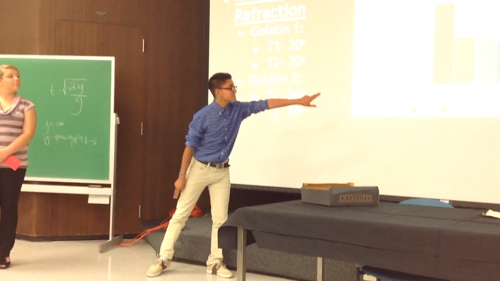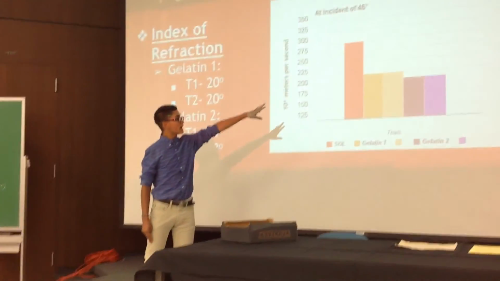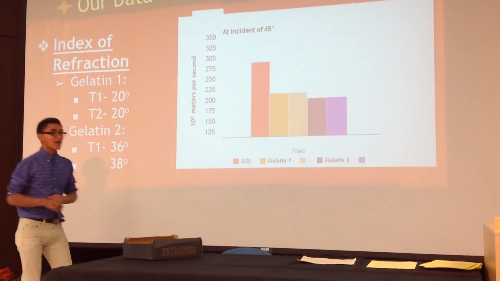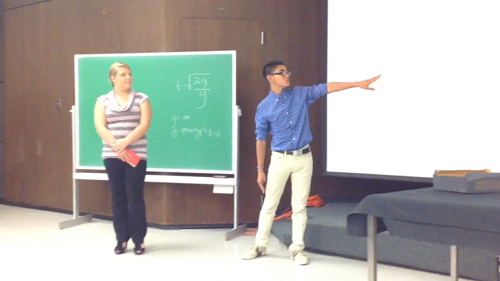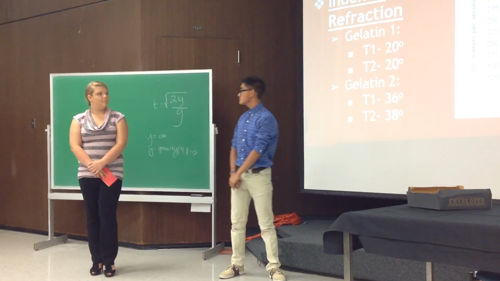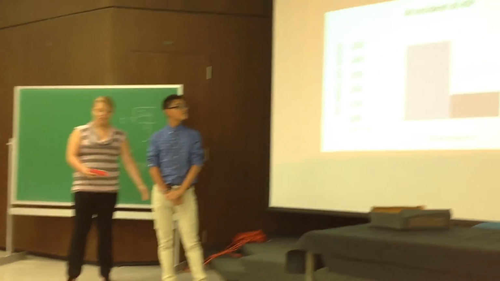And you can see how different the gelatin 1, trial 1, and trial 2 is different, about 80 million meters per second slower than the speed of light. And Veronica, in the next slide, will explain to you how gelatin 2, trial 1, and 2 are different from these three.